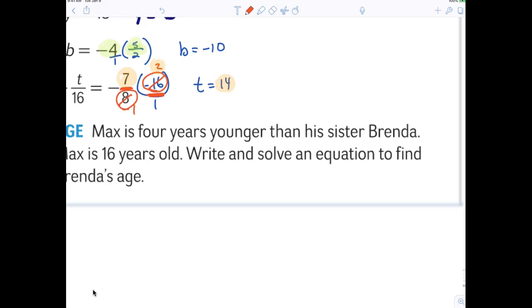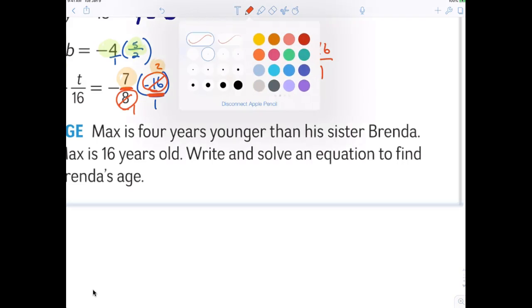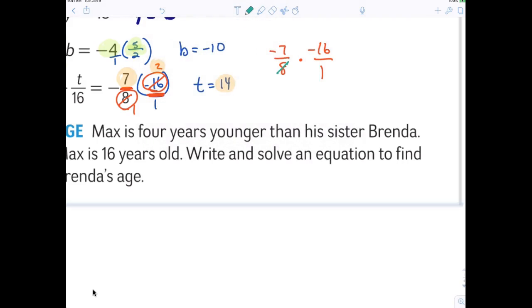All right, so now I'm going to write it a little better for you. I'm going to go negative 7/8 times negative 16 over 1. You see that now, right? 8 goes into 8 once. 8 goes into 16 twice.